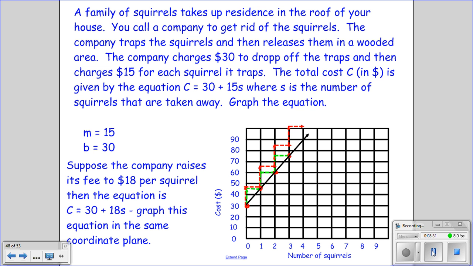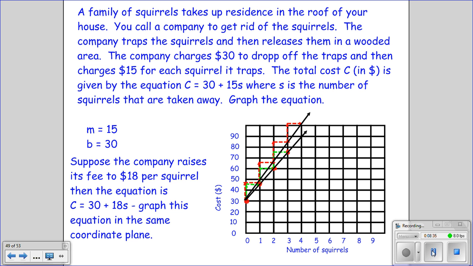You can see the red line being drawn there, and then we draw our line through that, and you can see that the line is above the first line that we drew. They have the same y-intercept, but their slopes are different from each other. One has a slope of 15, one has a slope of 18.